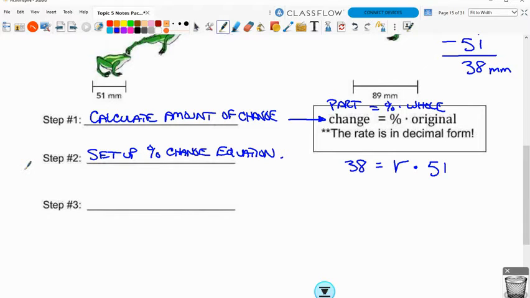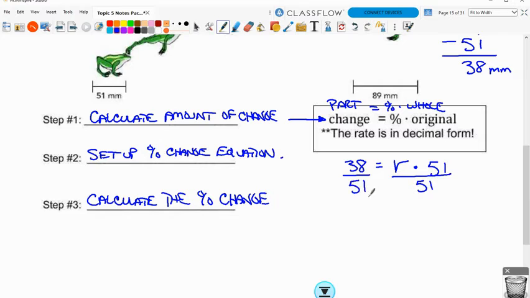Now that we've set up the percent change equation, step three, we are now going to calculate the percent change. In order to get r all by itself, right now r is on the right-hand side of the equal sign, but it's not alone. It's being multiplied by 51. To get r all alone, we'll have to divide by 51. And if we do that on the right, we need to do the same thing on the left.